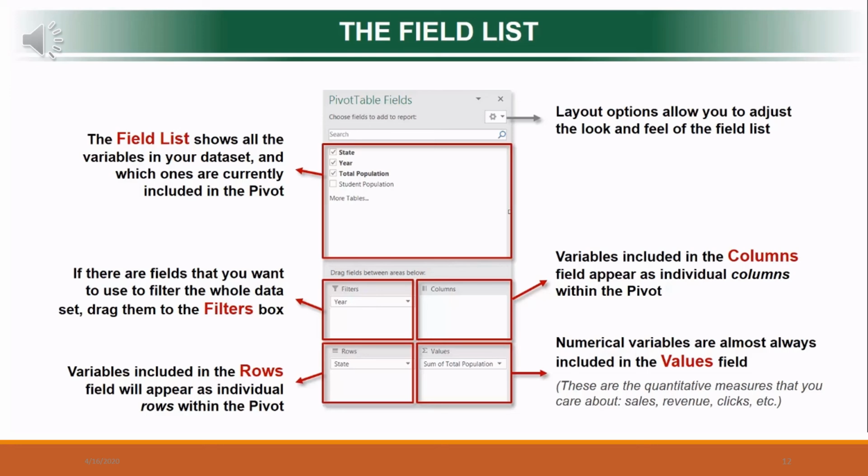Next, the rows. It's the variables that you want to appear in the rows of the report. Director name and color, black and white, in our case. Sometimes you might want variables to be included in the columns field, and then the columns field will show you exactly the same thing, only vertically rather than horizontally.